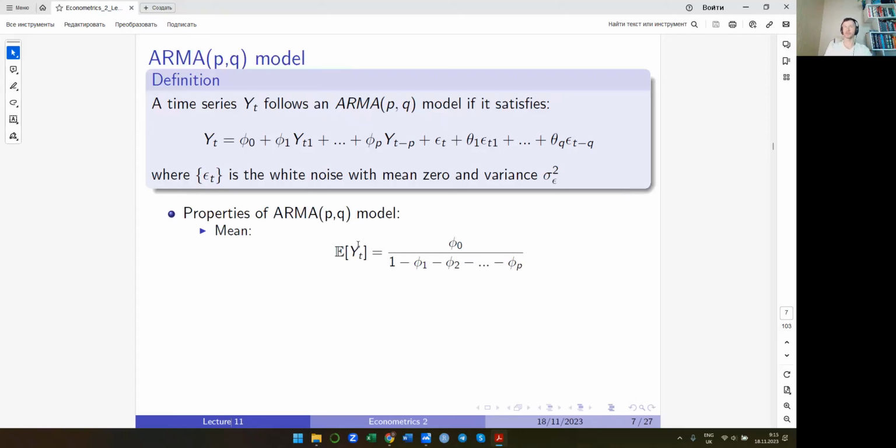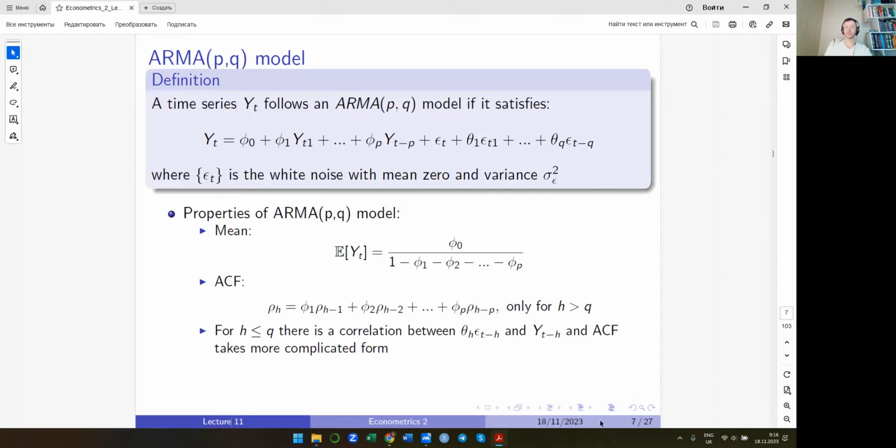So the mean of this series coincides with the mean of the AR(p) model. The ACF coincides with the ACF of the AR model, but only for h greater than q.